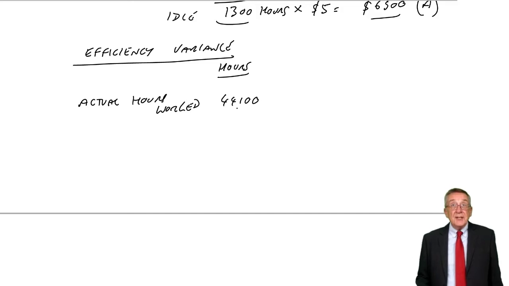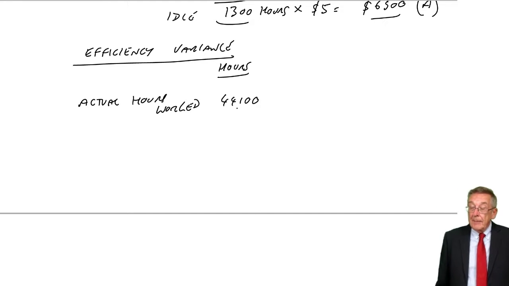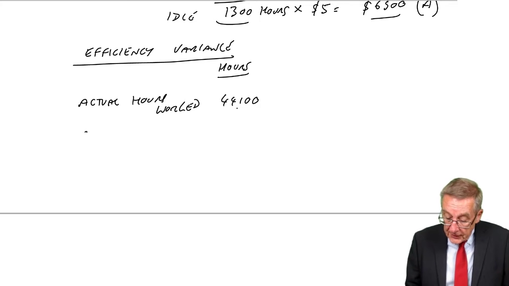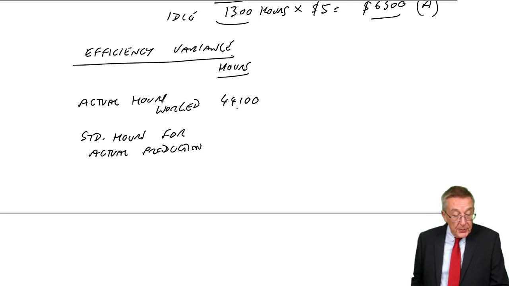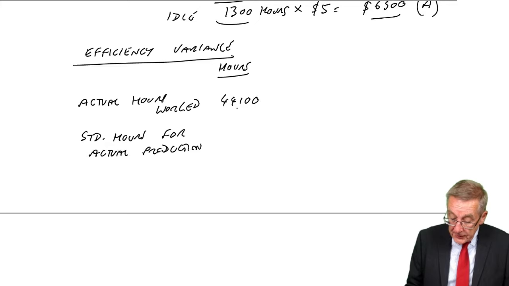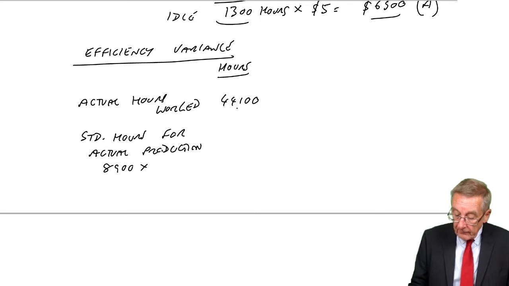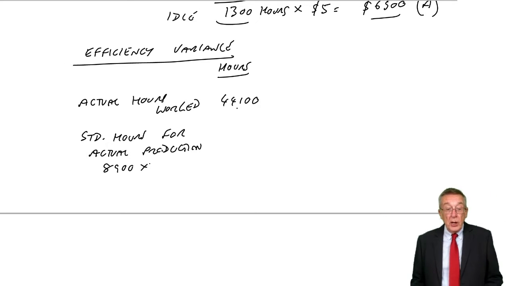Compare it with how many hours they should have worked for the actual production. So the standard hours for the actual production. How many did we actually produce? We produced again 8,900 units. How many hours should they have worked on each unit?